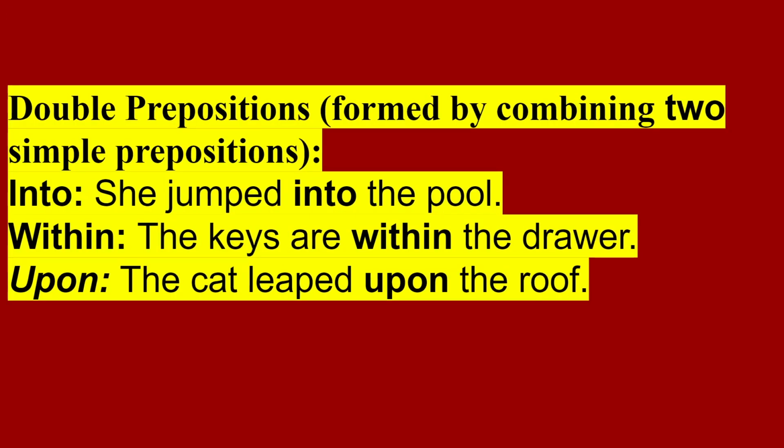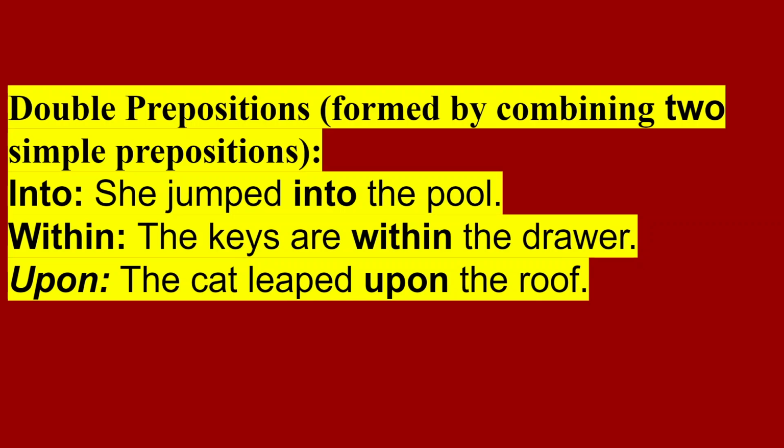Double prepositions formed by combining two simple prepositions. Into, she jumped into the pool. Within, the keys are within the drawer. Upon, the cat leaped upon the roof.